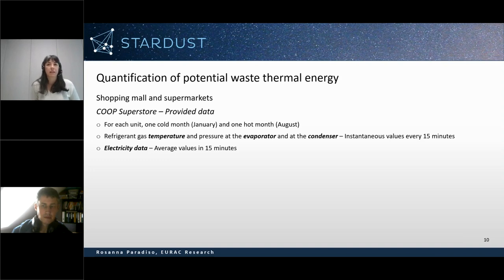So we asked them for just two months of data instead of 1 year of data, and the other values were obtained through linear interpolation. The data they gave us were temperature and pressure of the gas at the evaporator and at the condenser of the refrigeration units, and then the electricity data, which includes the electricity consumption every 15 minutes.